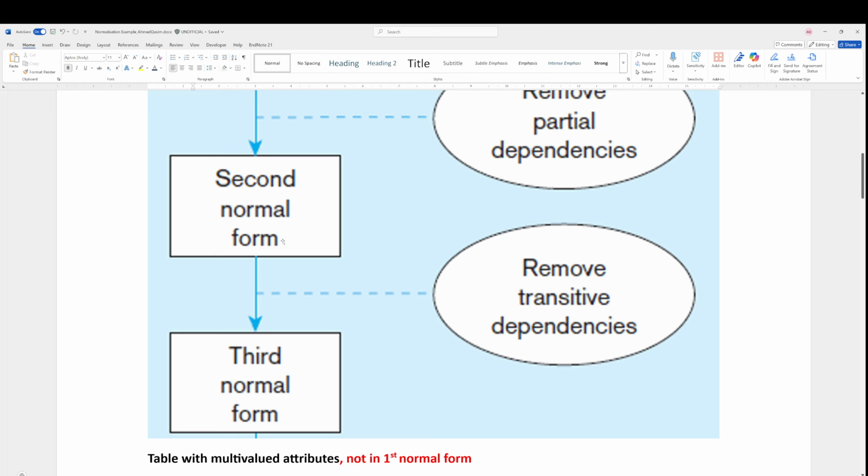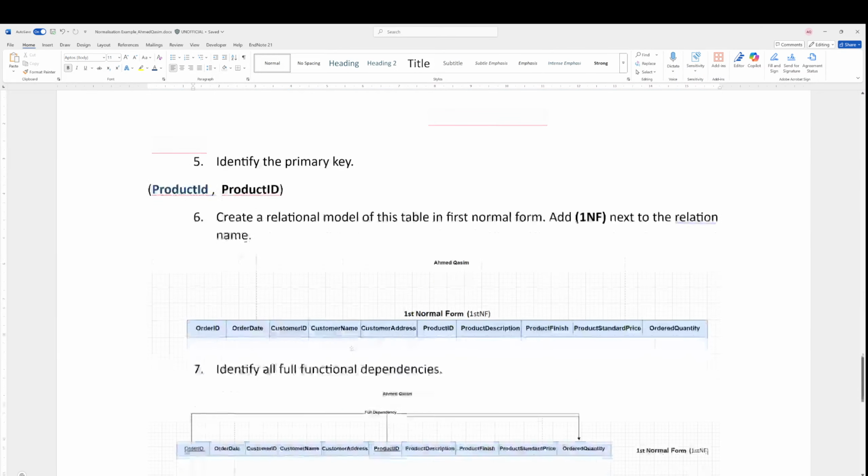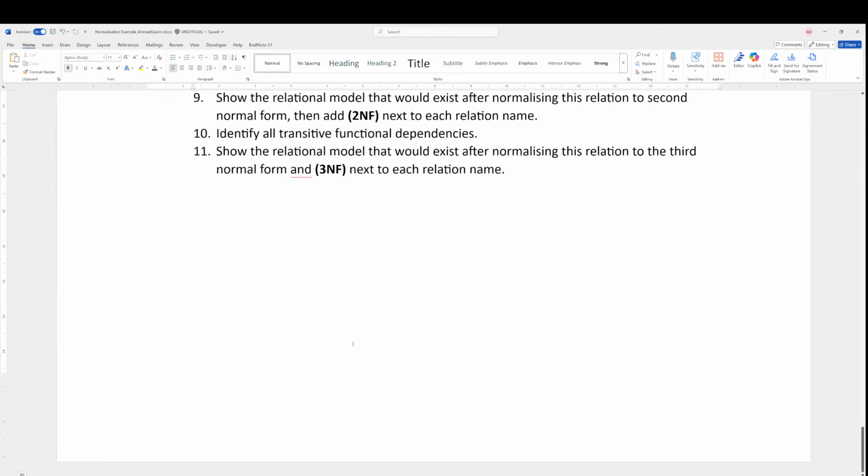We can identify them, but let's just do the second normal form, and then we will identify and remove the transitive dependencies, and then we will transfer it into the third normal form.